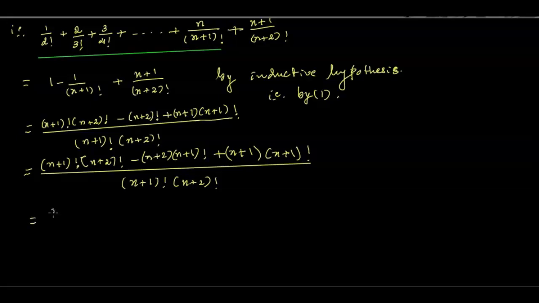Therefore, I can write (n+1)! into the bracket (n+2)! minus (n+2) plus (n+1), because I have taken (n+1)! as a common factor.